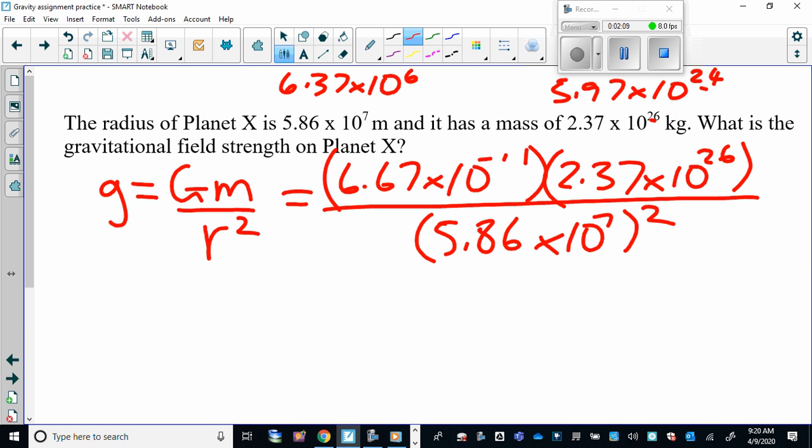Okay, so get out your calculator. 6.67 E negative 11 times 2.37 E 26, divided by, and I'm just going to put this thing in brackets, 5.86 E 7 and the brackets squared, and you get this answer.